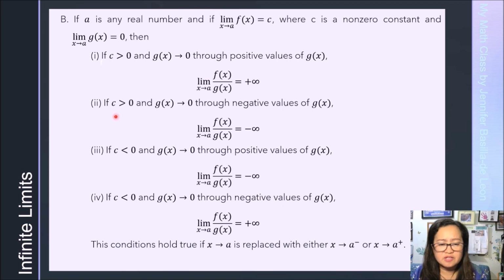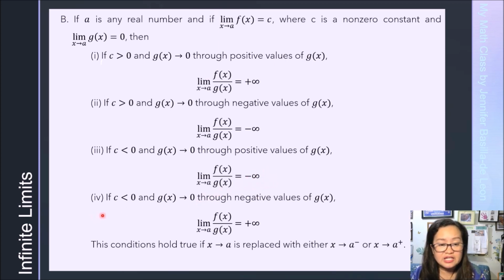Second possibility, this time we are going to have g of x approaching 0 through negative values. In this case, the limit of f of x divided by g of x as x approaches a is negative infinity. The third possibility: if c is less than 0 and g of x approaches 0 through positive values of g of x, then the limit of f of x divided by g of x as x approaches a is equal to negative infinity.